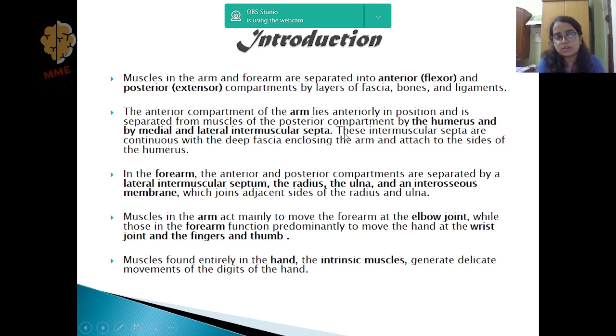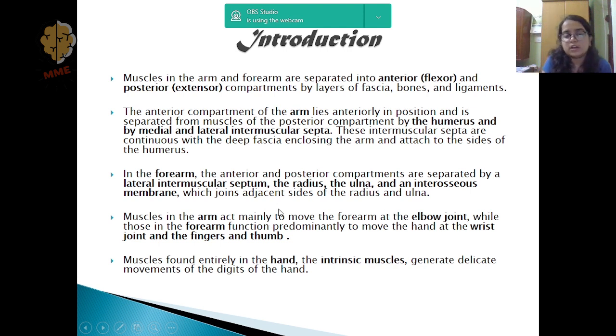So these intermuscular septa are in turn continuous with the deep fascia. In the forearm, the anterior and posterior compartments are separated, as I just now explained with the help of the diagram, by a lateral intermuscular septum, the radius, the ulna, and an interosseous membrane, which joins the adjacent sides of the radius and ulna.